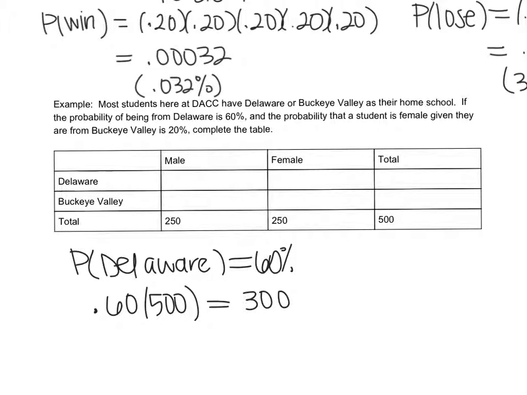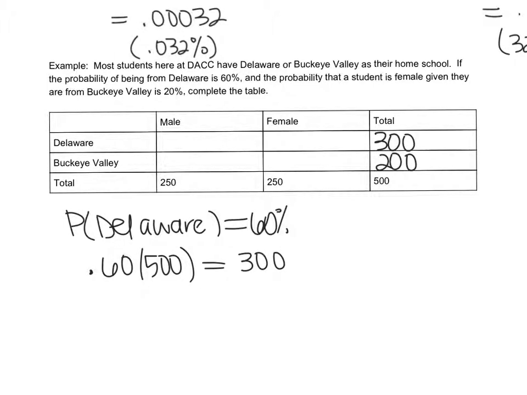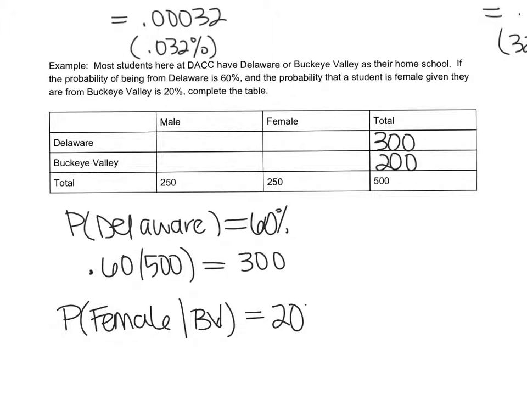So it tells me the total number of Delaware students is 300, which also helps me figure out how many students have to be from Buckeye Valley, since my total is 500. So that tells me that 200 students have to be from Buckeye Valley. Next, we use our probability that a student is female given they are from Buckeye Valley. So the probability that a student is female given they are from Buckeye Valley is 20%.